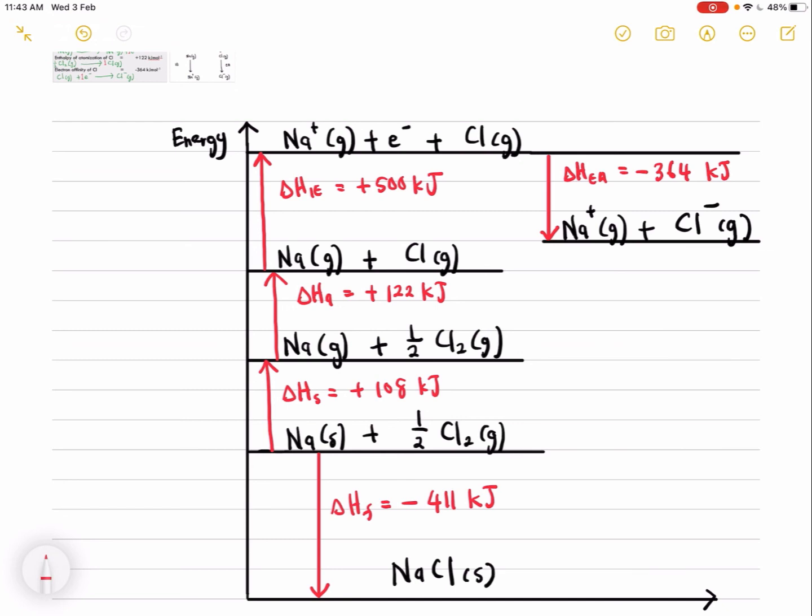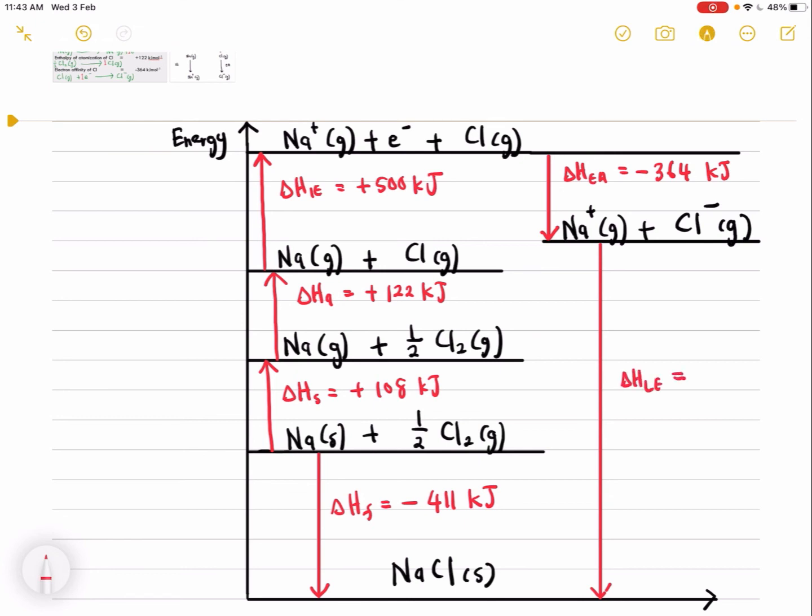According to our energy level diagram, you have successfully formed the gaseous ions of the ionic solid. So when these two ions combine, you will get the ionic crystal once again. This step we call delta H lattice enthalpy.